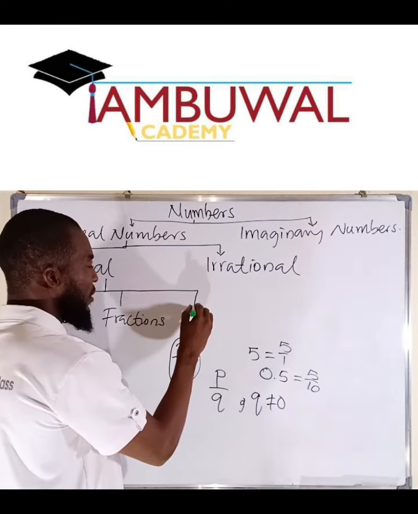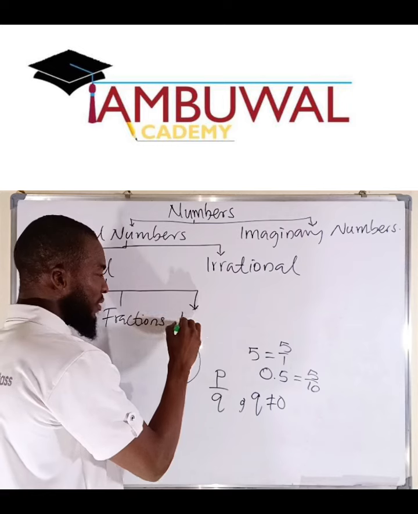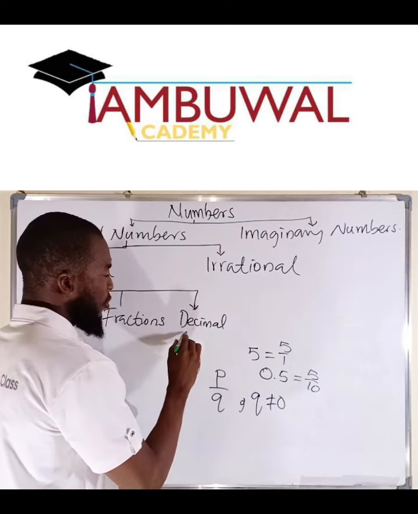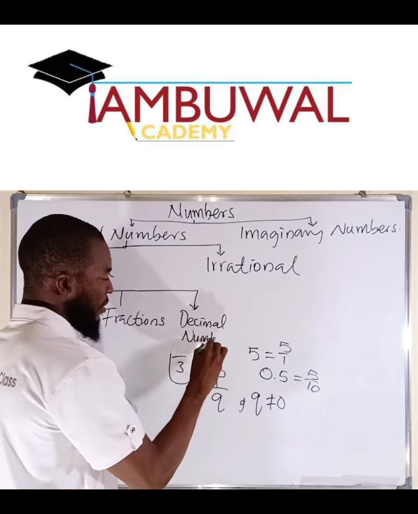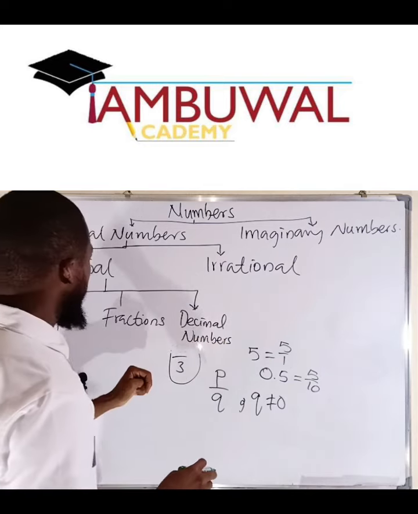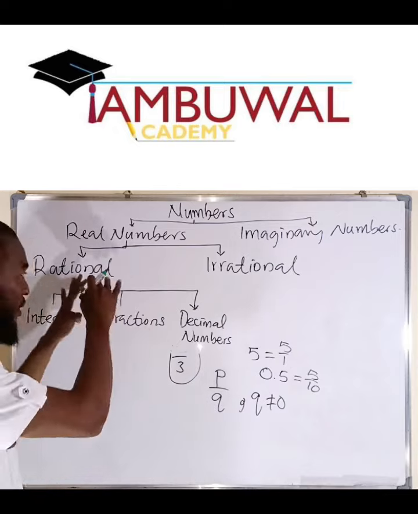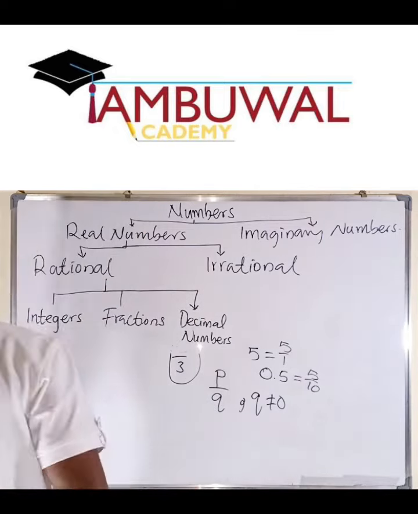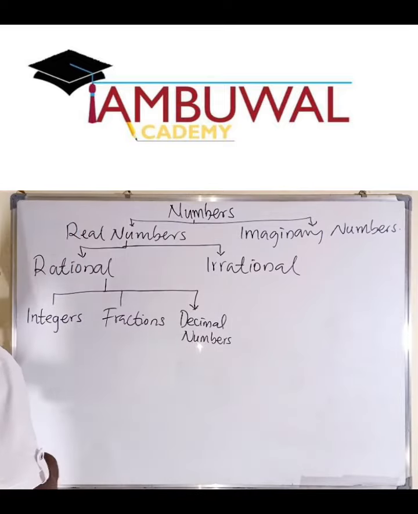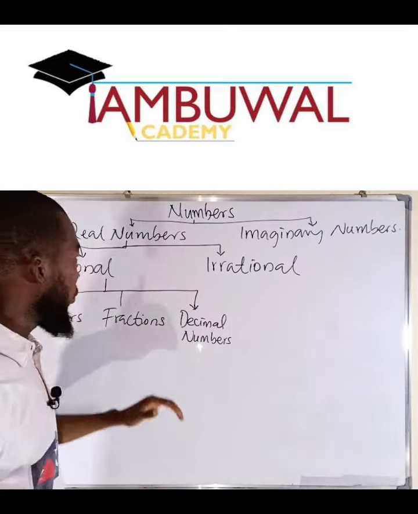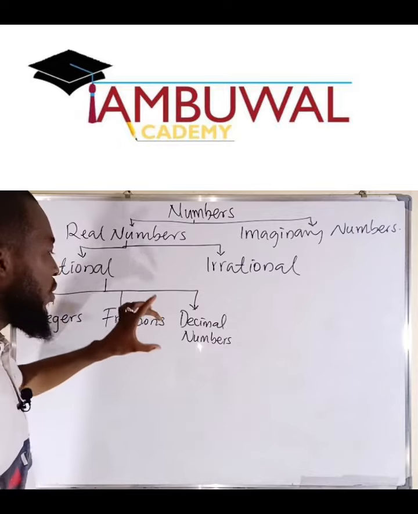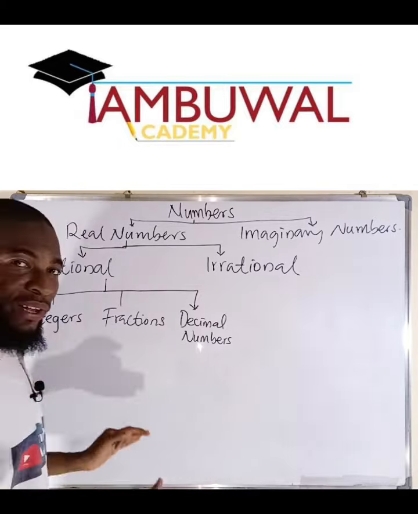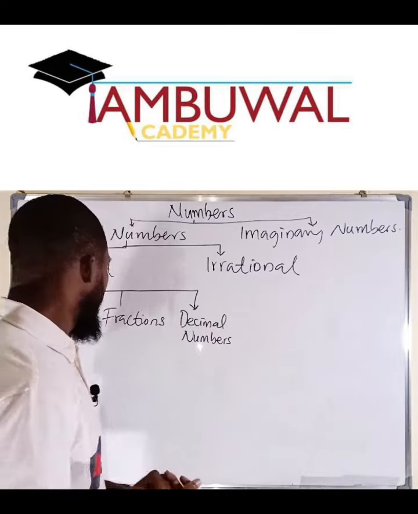Then the last one are some decimal numbers. Let me finish with rational numbers before coming back to irrational numbers. You should not worry about some of these examples. We are going to take them individually and discuss in separate videos. So integers, we have learned that they are the numbers on the number line.